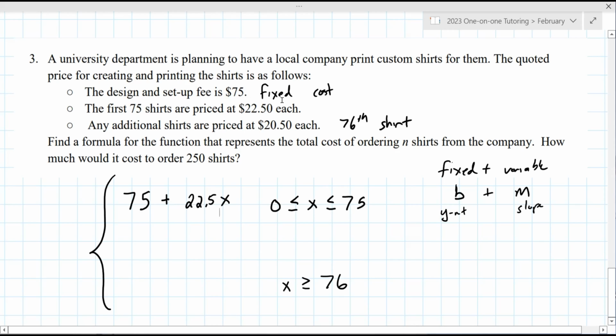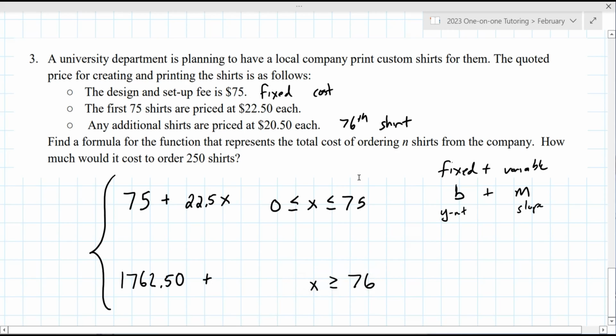That's like your new intercept, basically. So grab a calculator if you've got one. I'll do it as well. 75 plus 22.5 times 75. So that ends up being $1,762.50. And it's the 76th shirt where you get the discount.